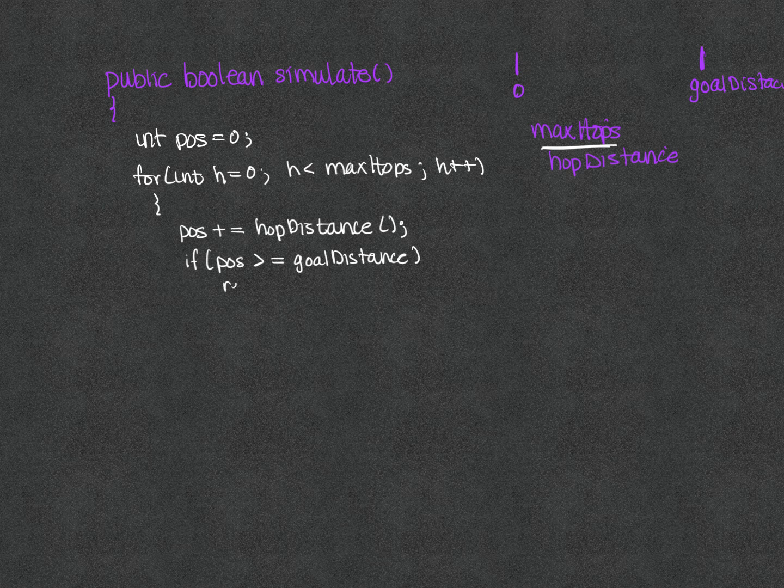So we're going to return true. Else if our position is less than 0, we're going to return false because he's not going to make it. He went to a negative value, and once he hit a negative position, the game was over.